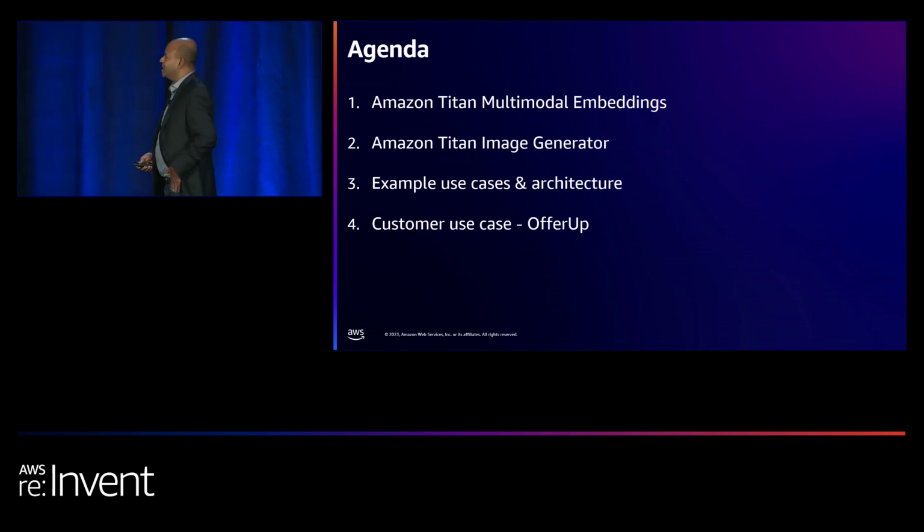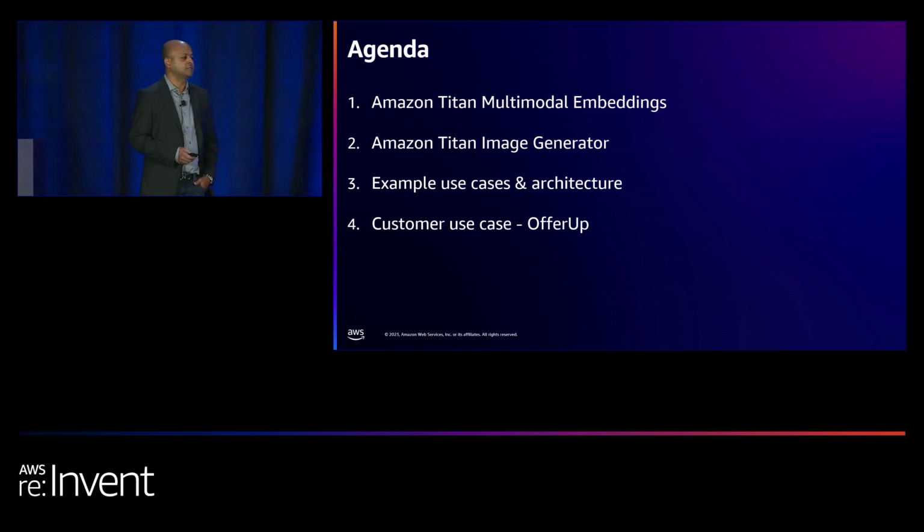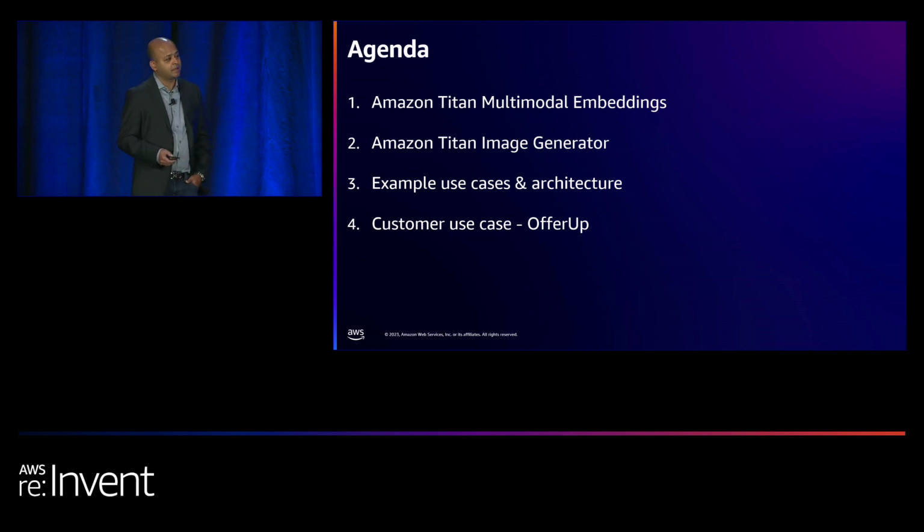In the agenda today, we'll go over the two new Titan models that were launched yesterday in Swami's keynote. The first of them is Titan Multimodal Embeddings. The second one is the Titan Image Generator, which also does image editing tasks.